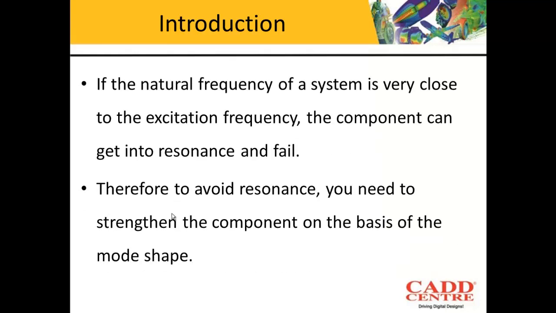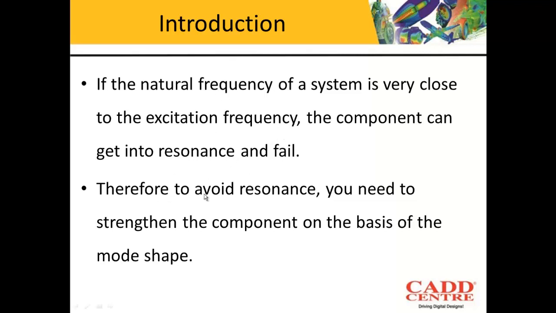In simpler words, whenever the natural frequency of the system is very close to the excitation frequency or the frequency induced in the component, then resonance will get created. Whenever natural frequency is close to the excitation frequency, resonance will get created, and because of the resonance, the model will start vibrating at very high amplitude, and thus it will fail.